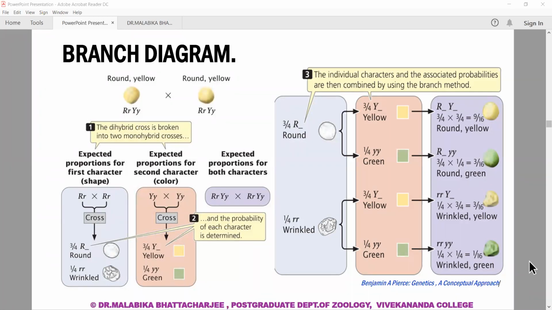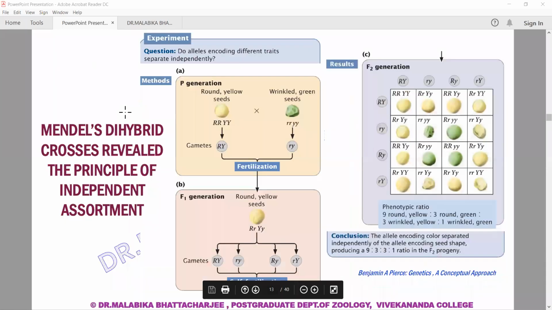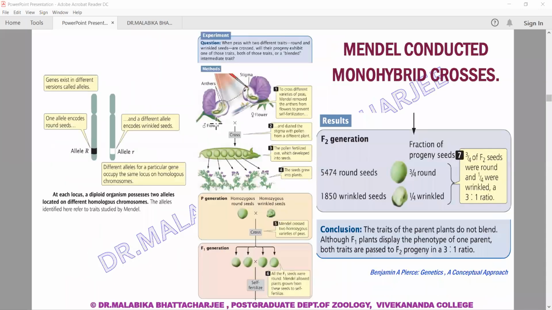But let me just get into the basic conclusions that Mendel came to from his crosses. As we discussed the other day, from the monohybrid cross, Mendel proposed that each plant must possess two genetic factors encoding a character. And here the two genetic factors encoding a character are capital R small r. So let's look at the monohybrid cross. Now, this is the dihybrid.